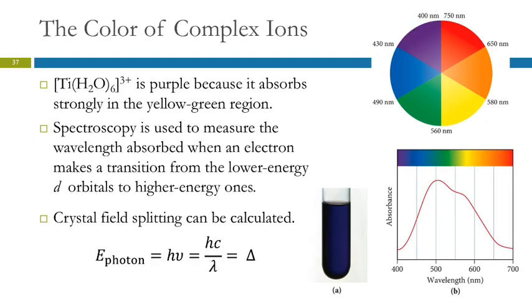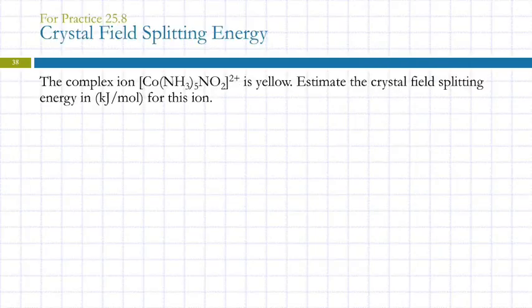So we'll say that lambda is 415. We don't want the color that is observed because that's not absorbed. We want the color that's absorbed. So our lambda for this equation is going to be 415 nanometers.